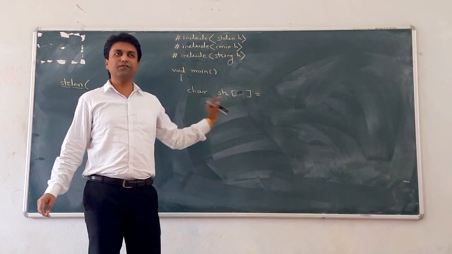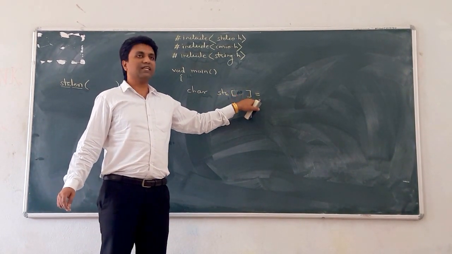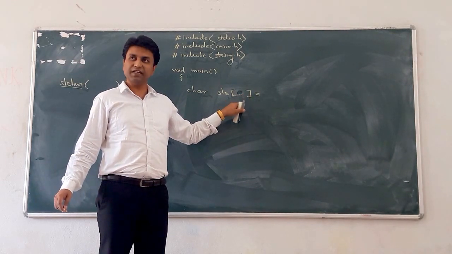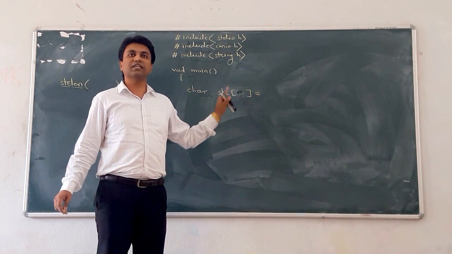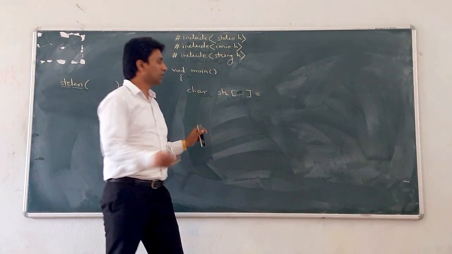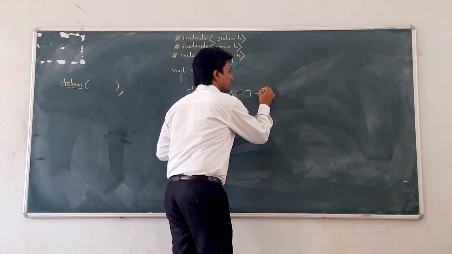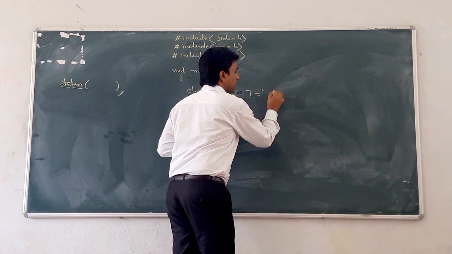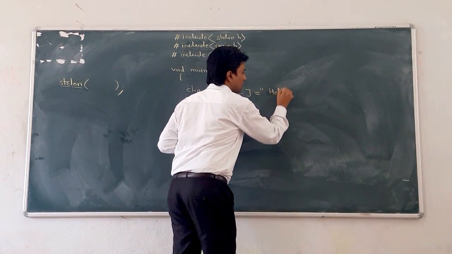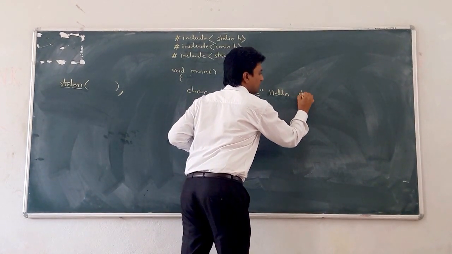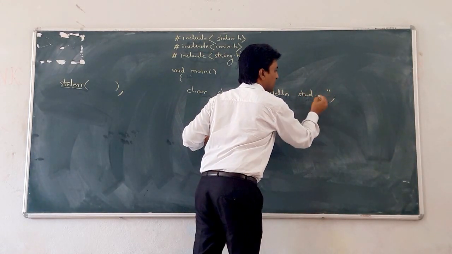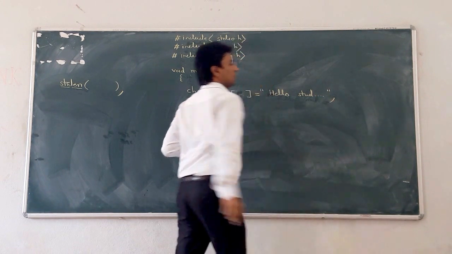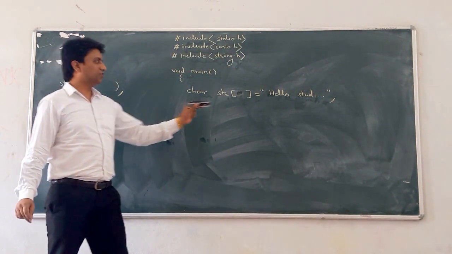It is optional if you initialize the string, but if you only declare the string, then at that time the size of the string is compulsory. Next, suppose I want to initialize "hello stud...." with a space and four dots, and double quotes complete.